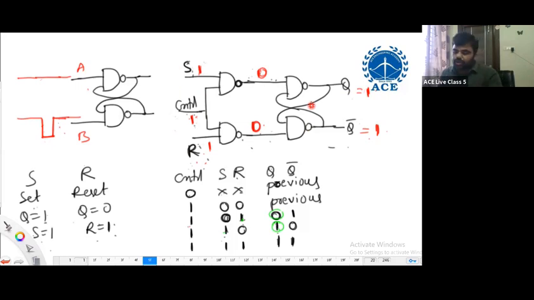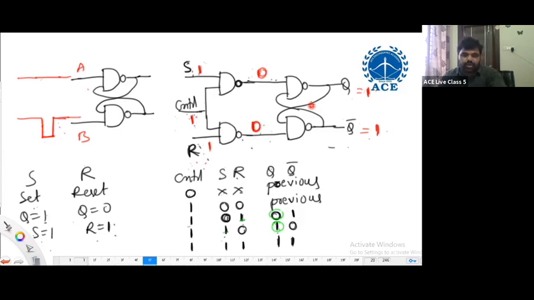Control equals 0, disabling inputs, it is remembering. Control equals 1, enabling the inputs, then it is sensing the inputs.